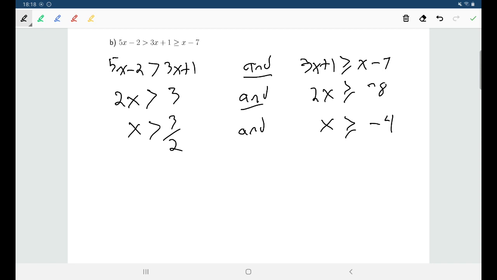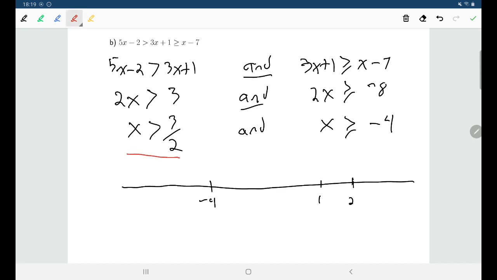Now, as far as what the solutions are, this is where I'll draw a number line to help me visualize what's going on. Here's negative 4, here's 1, here's 2. 3/2 is 1.5. So if we're thinking about x being greater than 3/2, we're talking about the values from 1.5 all the way to the right.